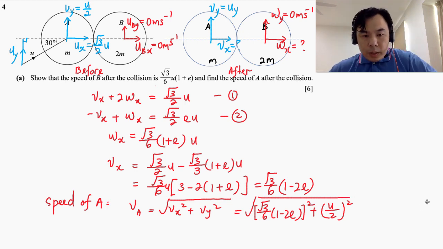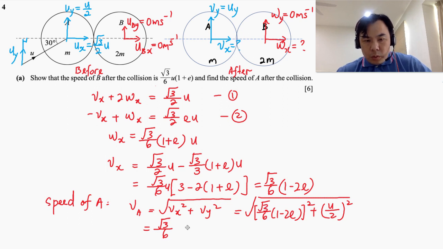And then by simplifying, okay, just let me try to simplify that. That will be a 6, 1 over 6 there, 9, and then I can take out a root 3. So therefore it'll be root 3 over 6. Okay, root 3 over 6, and then this one will be 1 minus 2e squared plus, oh yep, I think I missed out one section here. I forgot my u. Yeah, there's a u here.